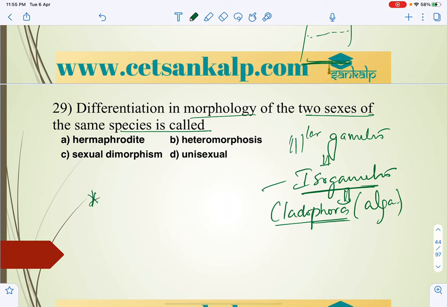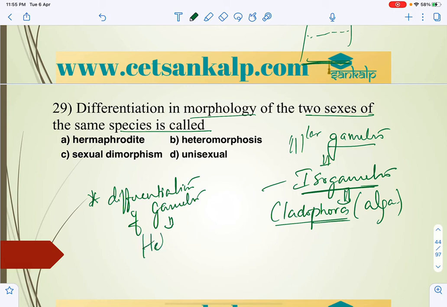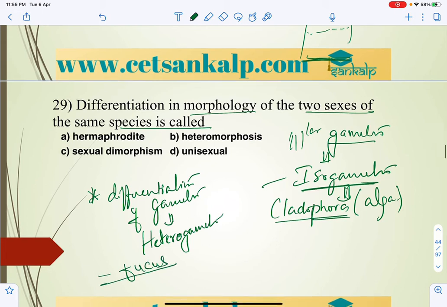If the gametes are exactly the same in external appearance, you cannot differentiate them. But if you can differentiate those gametes, such gametes are called heterogametes. The best example for heterogametes is also an alga, Fucus, and higher organisms.